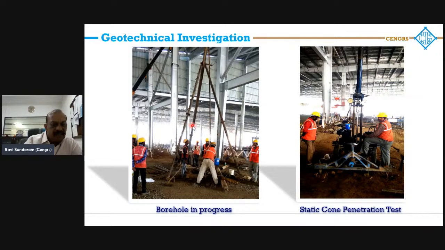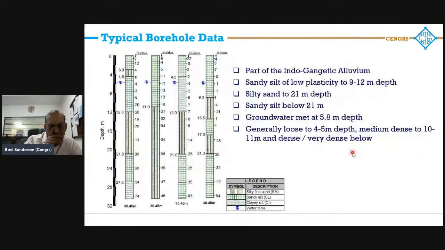So this is the boreholes in progress and the static cone penetration test being done there. Typical borehole data. What shocked us was that there was this zone here with very low SPT values. Below about 16, 17 meters, the N values were fine.